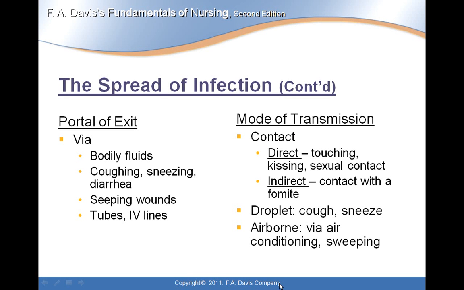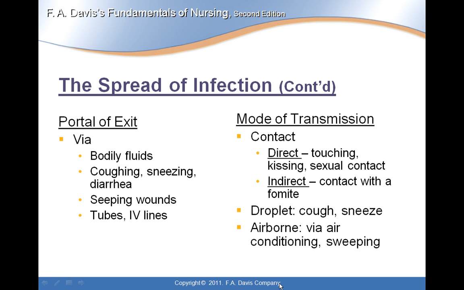The portal of exit may be through bodily fluids, such as a person coughing, sneezing, diarrhea, a person with a surgical wound that is seeping. Also, different tubes such as IV lines, gastrointestinal tubes, Foley catheters. All of these are portals of exit of infectious agents.